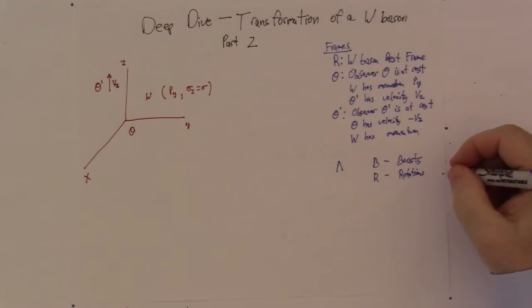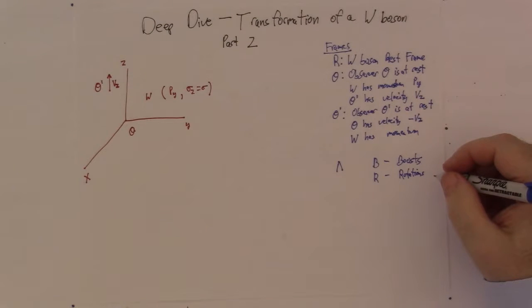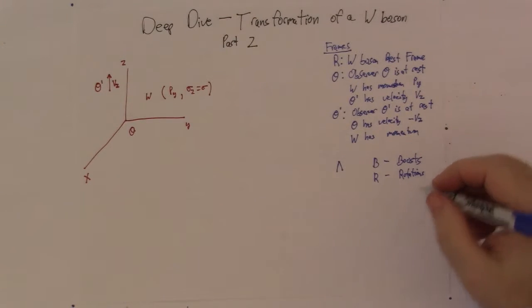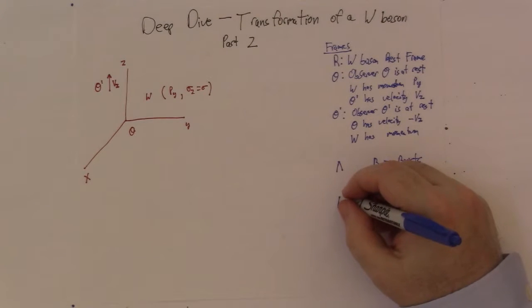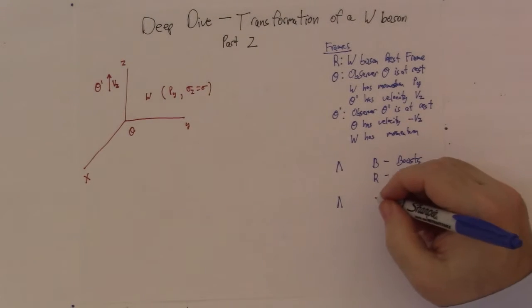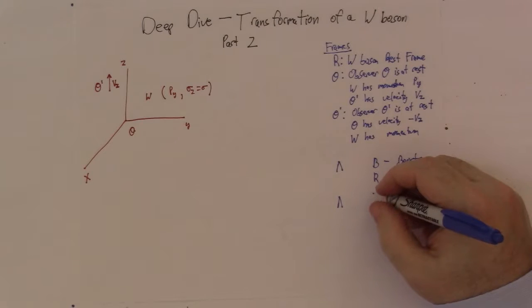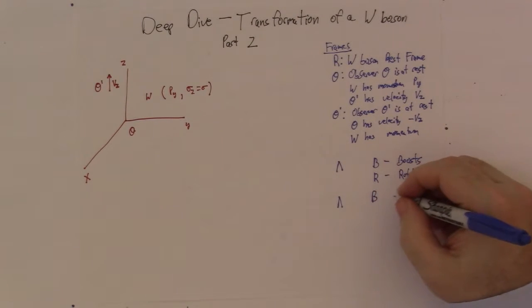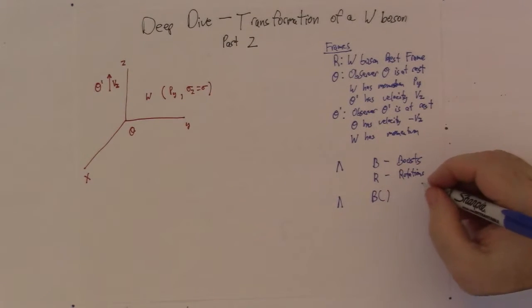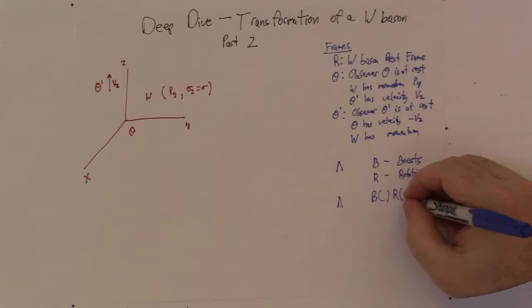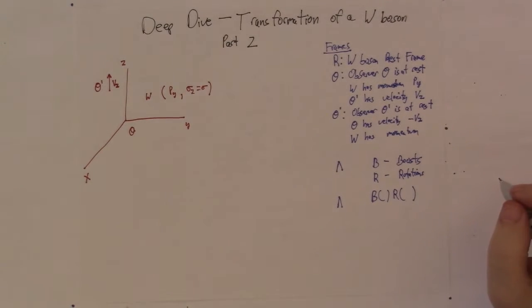Rotations leave the time component of the 4 vector unchanged. And every Lorentz transformation lambda, this is a theorem, I won't prove it for you right now, can be written as the product of a boost with a certain parameter and a rotation with a certain parameter. We'll use this shortly.